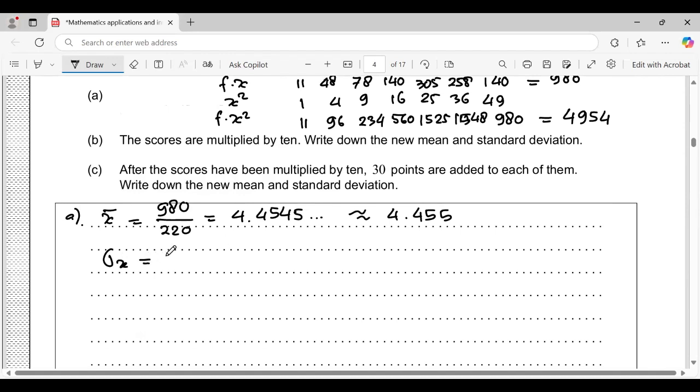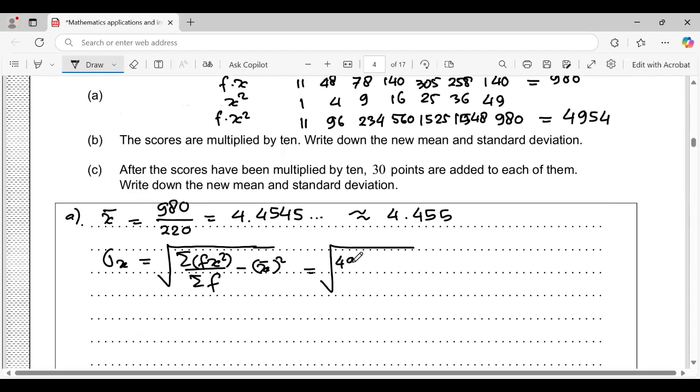While for the standard deviation, you're going to use this formula: sigma fx squared divided by sigma f, minus mu, or mean, squared.